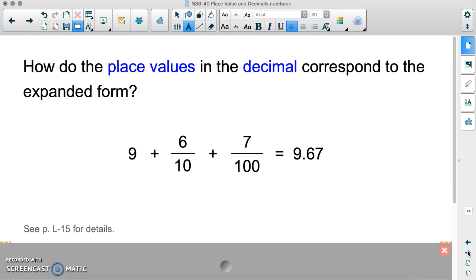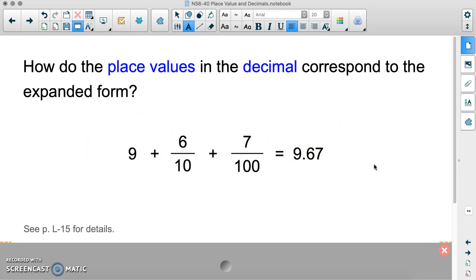When we're writing a decimal with more than one non-zero digit, we need to know how to do this. Read the place value. We have 9 plus 6/10ths plus 7/100ths. When we write this number out, we have 9.67. So how do the place values in the decimal correspond to the expanded form?